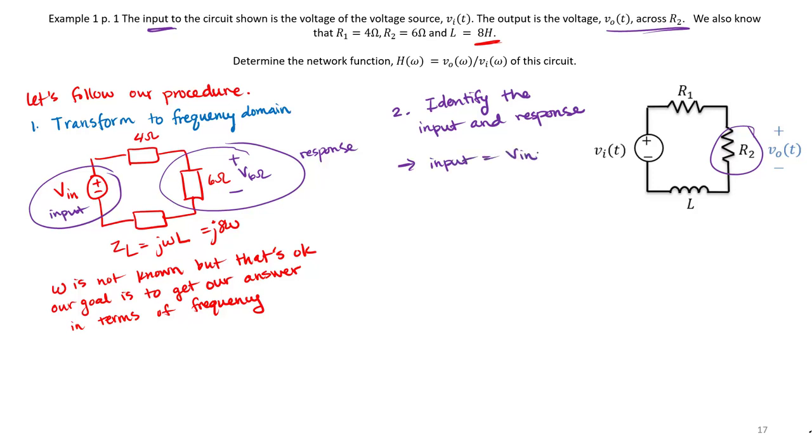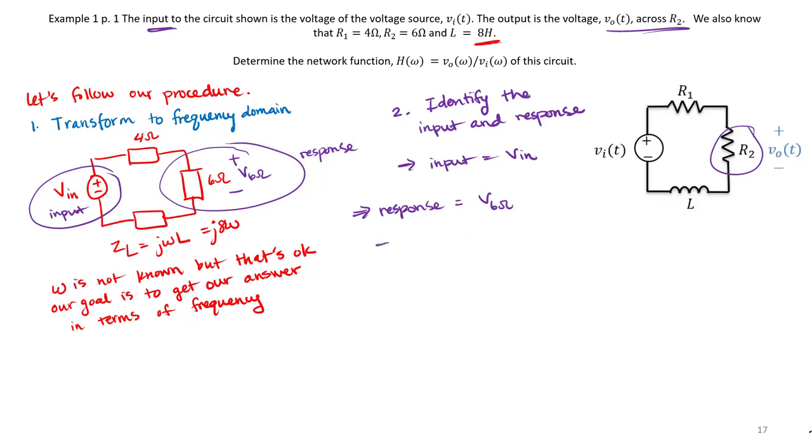We don't know V in, so let's just leave it in terms of V in. And our response, that's just going to be the voltage across our 6 ohm resistor, or 6 ohm impedance.